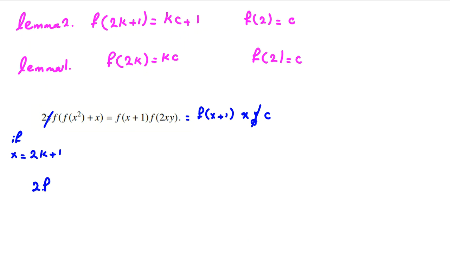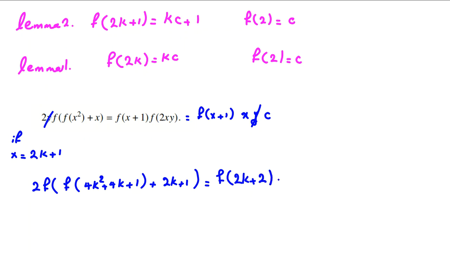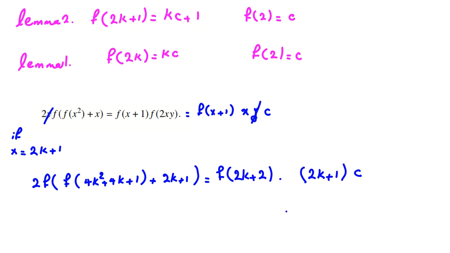Now, it will be 2f of, because I want to use f of odd numbers, lemma 2, 2f of x squared, which will be 4k squared plus 4k plus 1, plus x, which is 2k plus 1, equal to f of x plus 1, which is f of 2k plus 2, times x, which is 2k plus 1, times c.